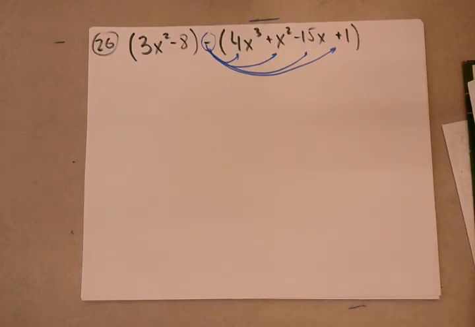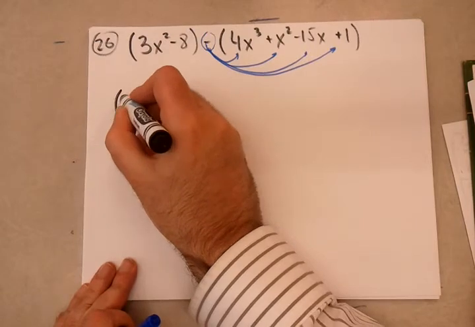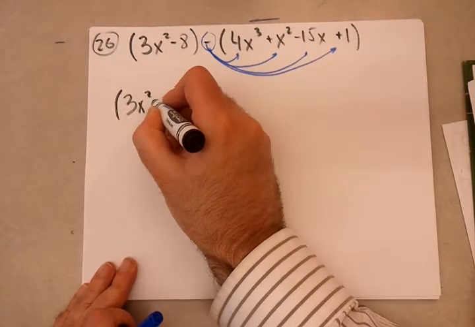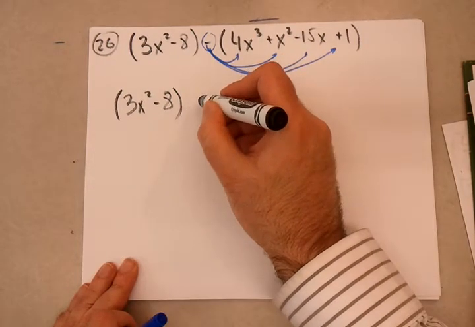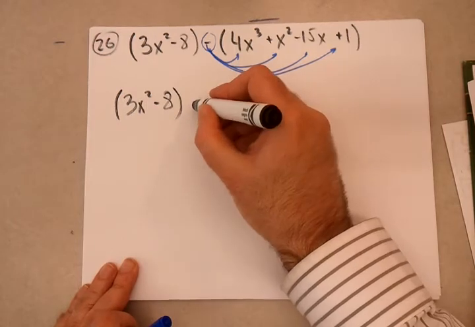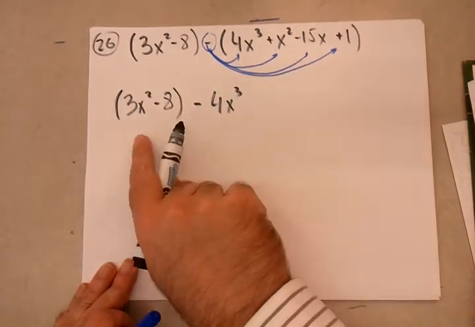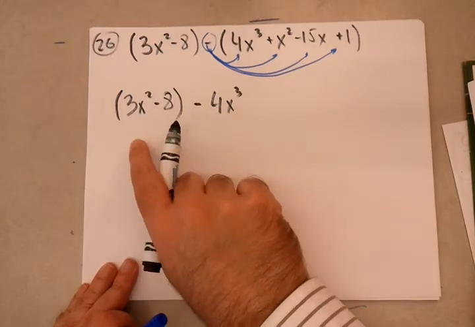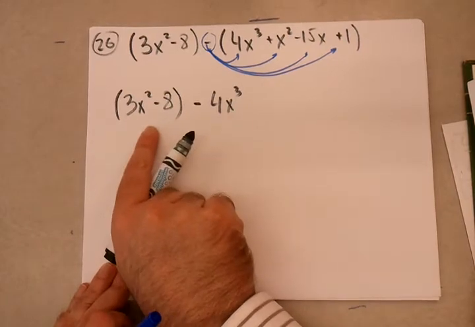Alright, no problem. So I'm going to rewrite both of them just so it's easier to see. So I'm going to rewrite the first one, because that doesn't change. And then I'm going to go ahead and distribute this and open up that parenthesis. So it's going to be a minus 4x to the third. I could have probably just opened up this parenthesis too, but I already wrote it that way, so because there's nothing preventing us from opening this parenthesis.